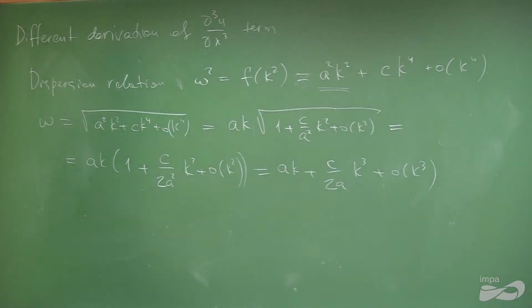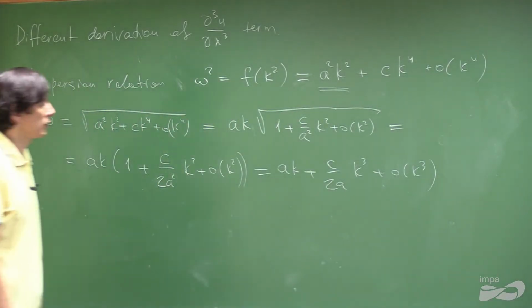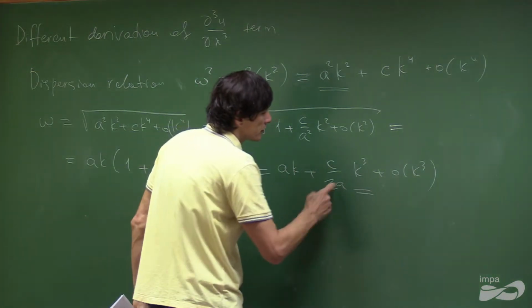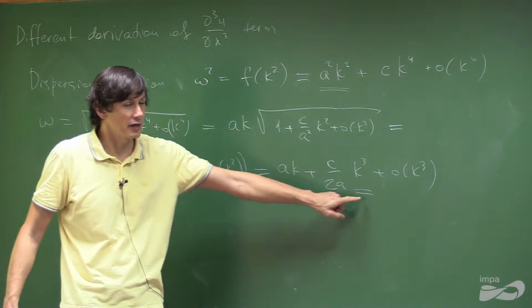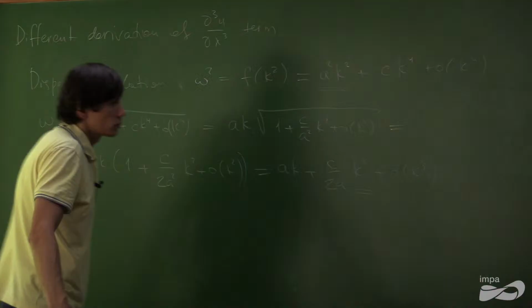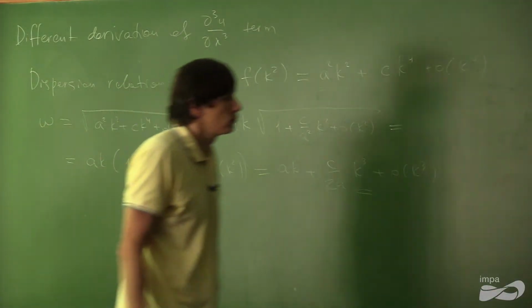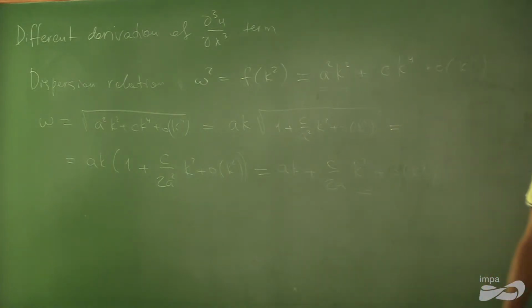So you see that whenever you have weak dispersion, the next term in the expansion for omega is not k squared again, it's k cubed. It's strange, no?